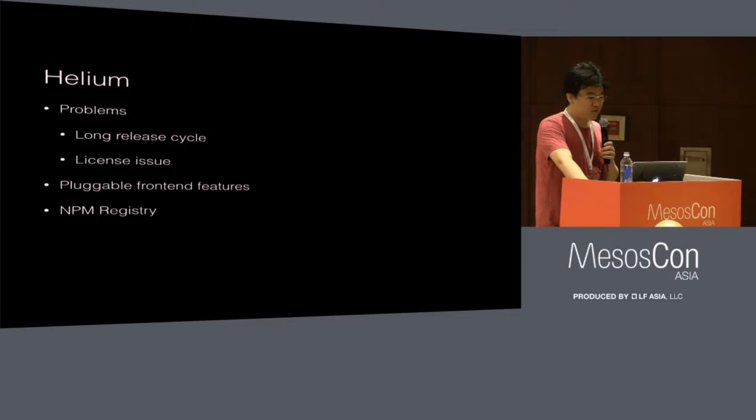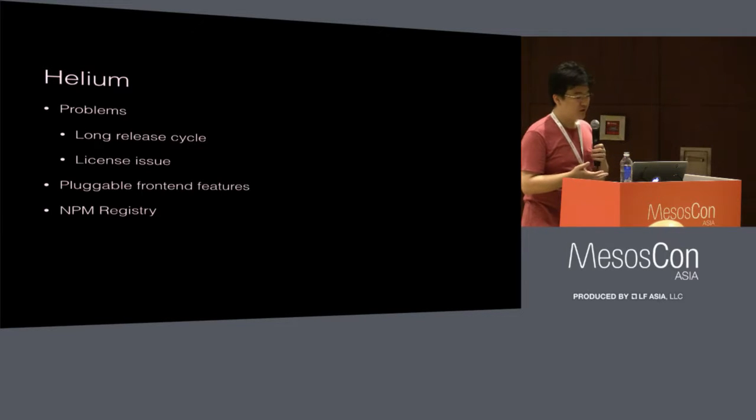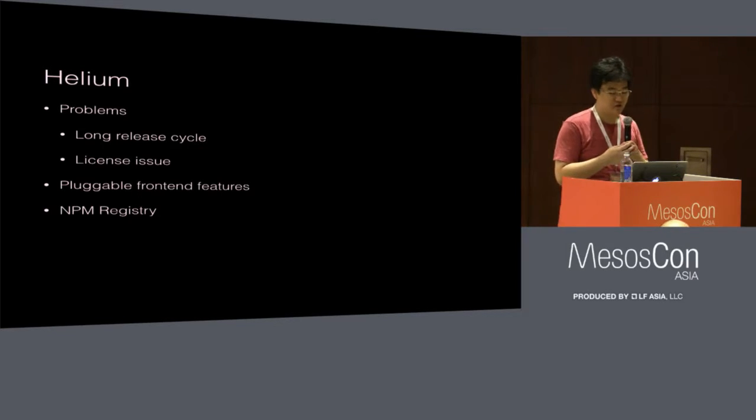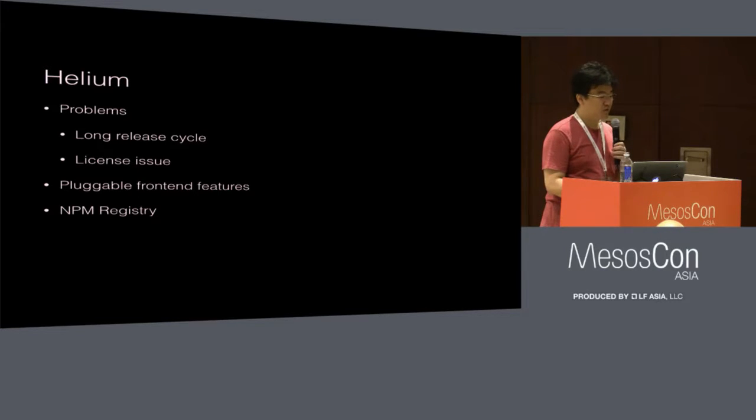And most interesting front-end libraries have a commercial license, but Zeppelin is under the Apache software license, so it can't include commercial licenses. So to solve it, we introduced Helium.